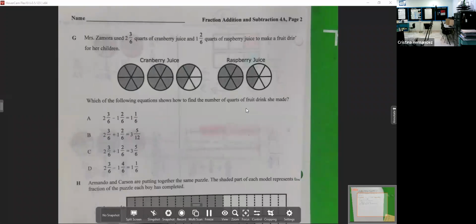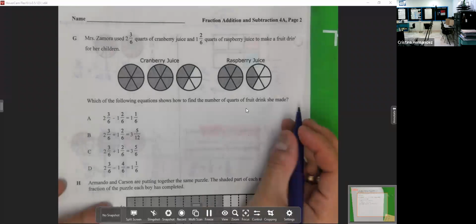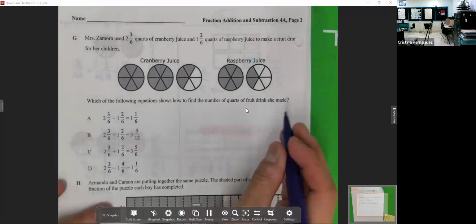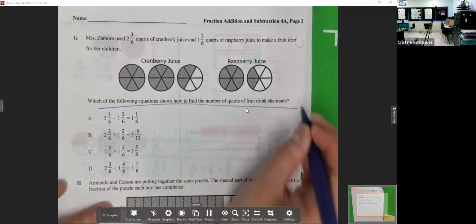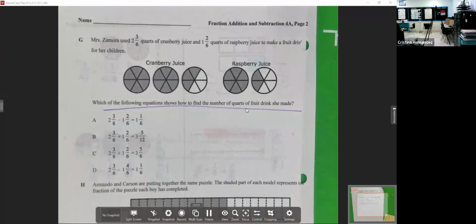So Miss Zamora used 2 3/6 quarts of cranberry juice and 1 2/6 quarts of raspberry juice to make a fruit drink. Which of the following equations shows how to find the number of quarts of fruit juice she made? Hint, hint, we're looking for our total. What are we going to be doing?